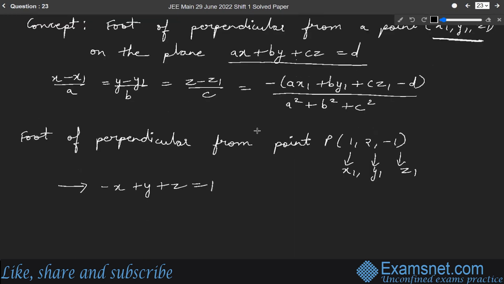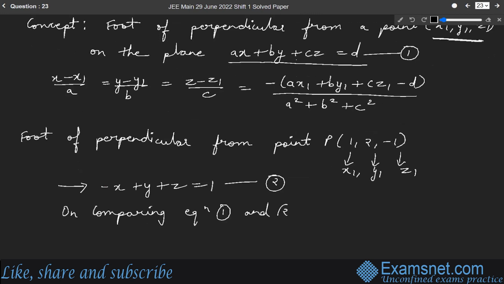Coefficient is the constant or any number that is with the variable. Okay. So on comparing both these equations, consider this as equation 1 and consider this as equation 2. On comparing equation 1 and 2, we get a is equal to minus 1. See, a is the coefficient of x here. So in this equation, what is the coefficient of x?